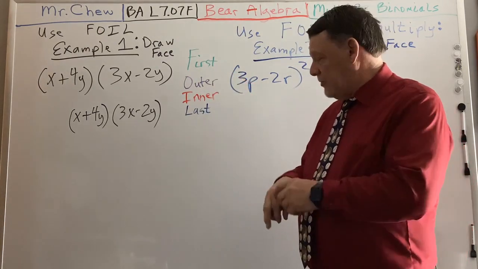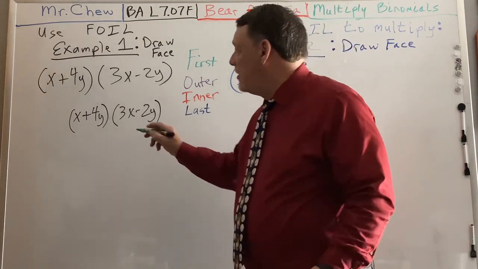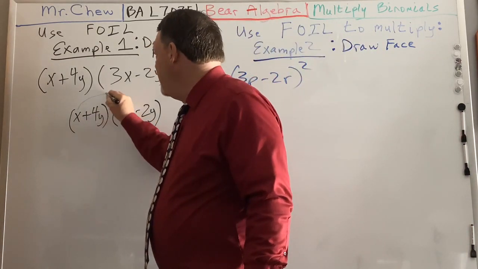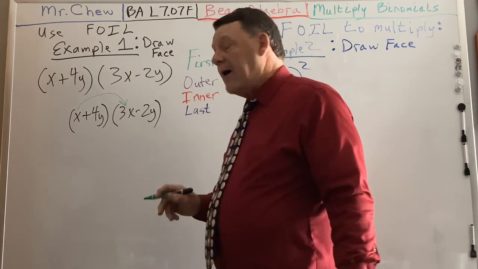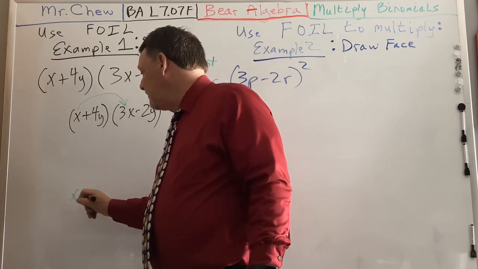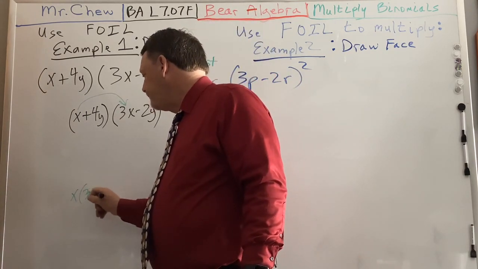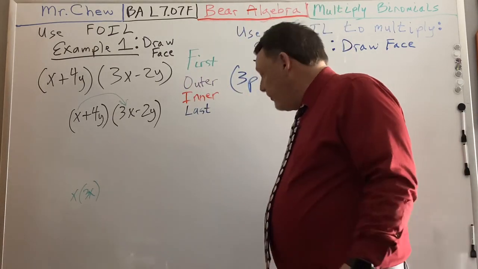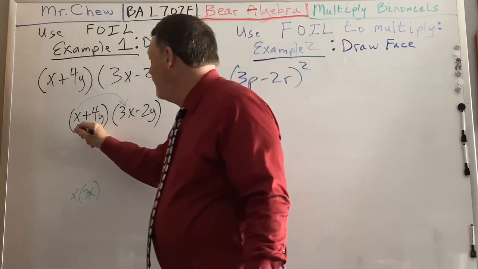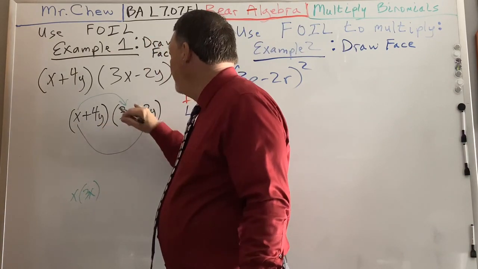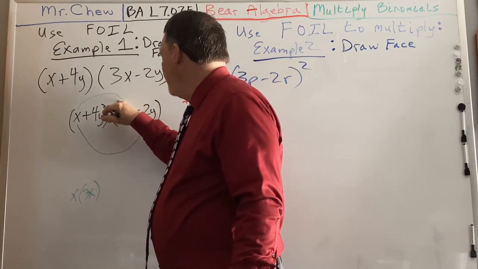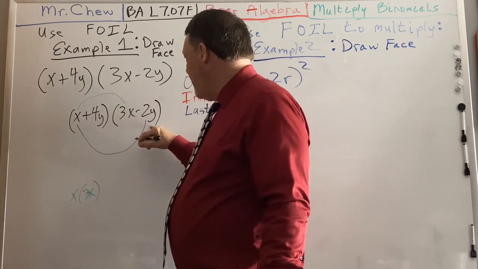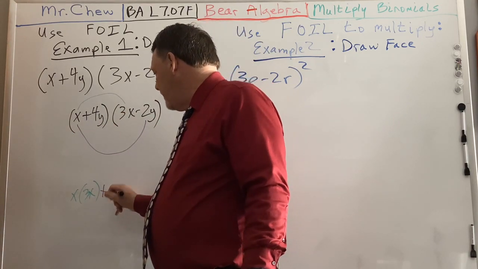So we're going to go first. First means I'm going to multiply my x times my 3x. And then my outer. That is going to be x times negative 2y.